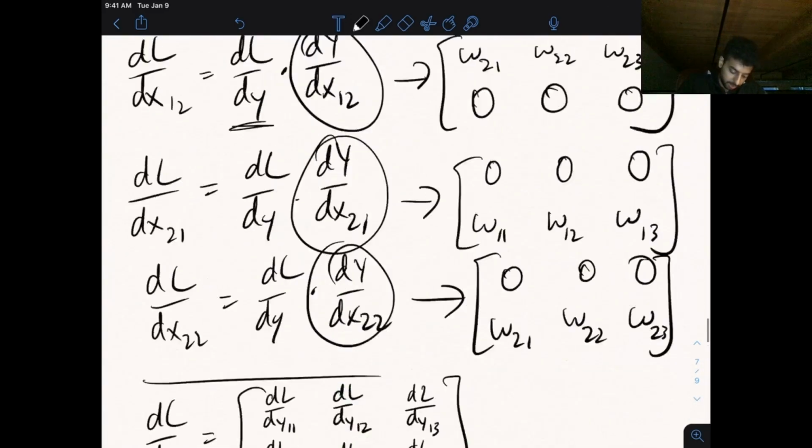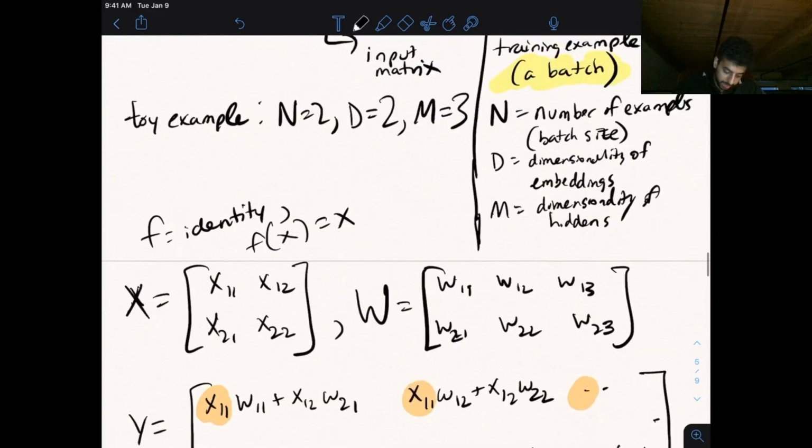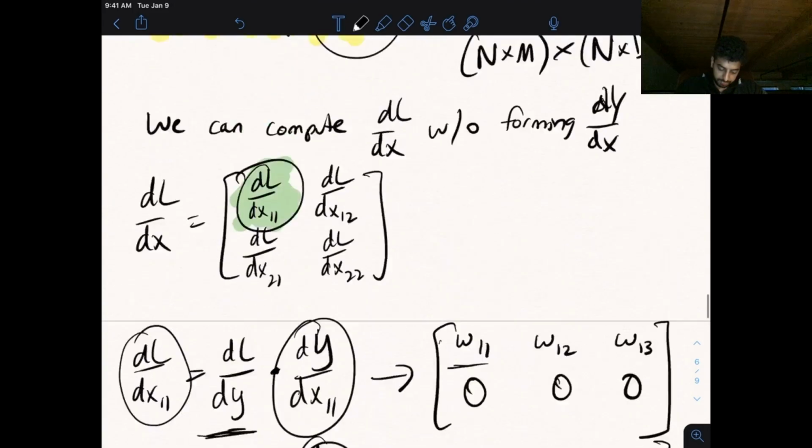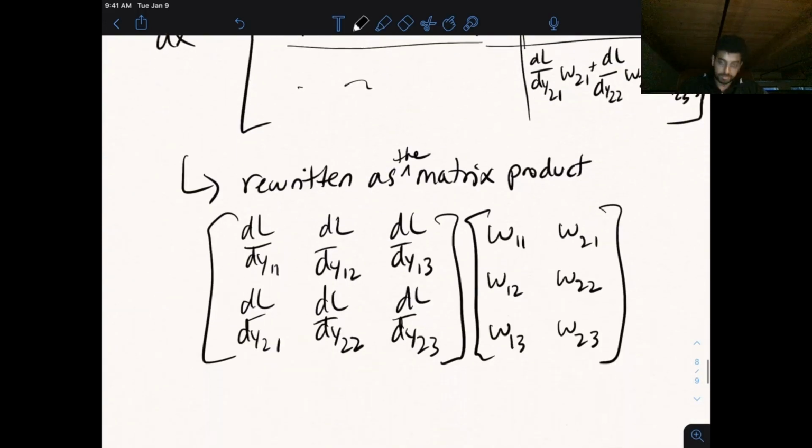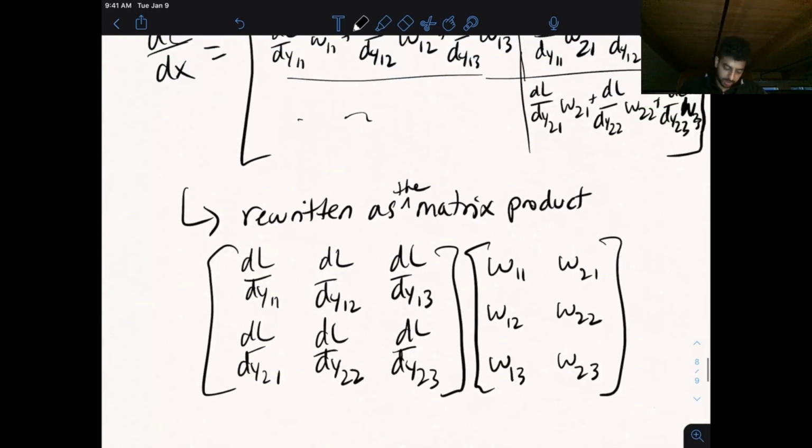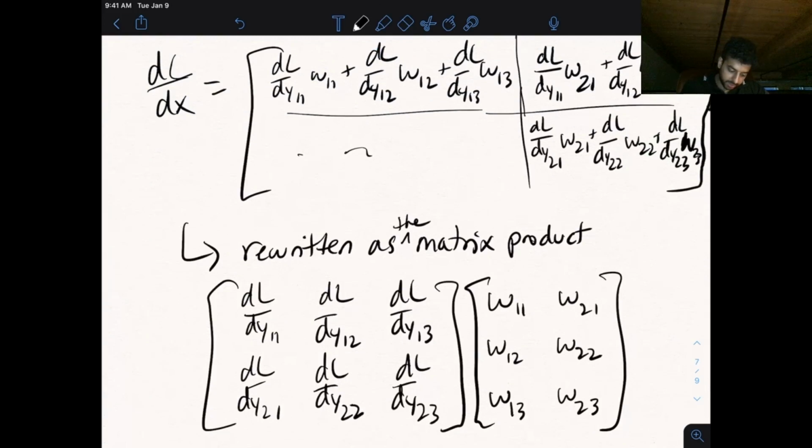So if you go back and look at our original weight matrix here, this matrix is just the transpose over here. And so just to be clear, if you look at the first term in this product, this is a 2 by 3 matrix multiplied by a 3 by 2 matrix. So the end result is a 2 by 2 matrix, which again is what we want for dl dx. And let's look at the first element, this thing here.